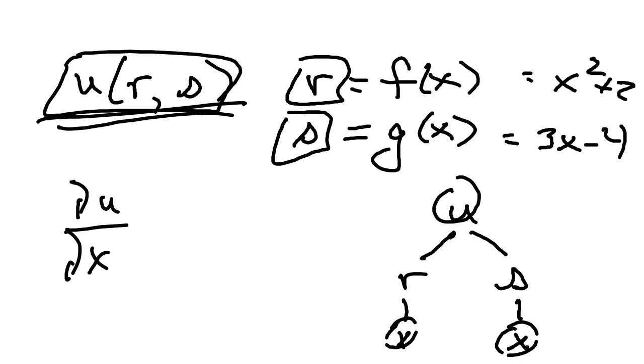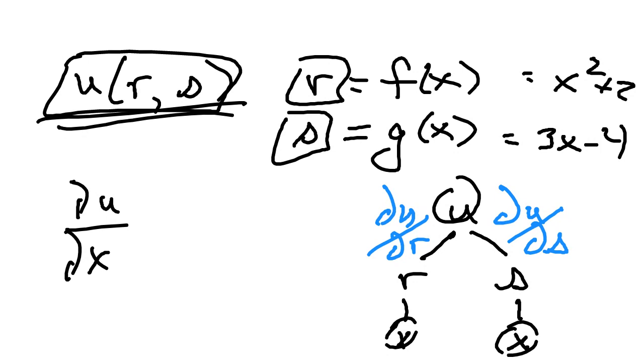So how does that go? Well, let's go from u to r first. Because u is defined in two variables, taking the derivative here is a partial derivative, so it's the partial of u with respect to r, and coming over here, this is the partial of u with respect to s. However, when I drop down and go from r to x, there is only one thing.